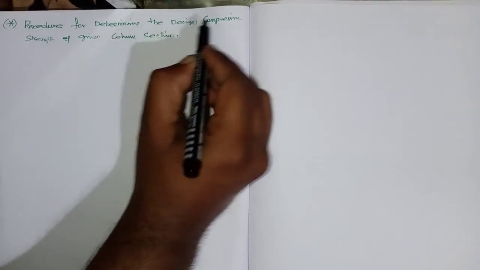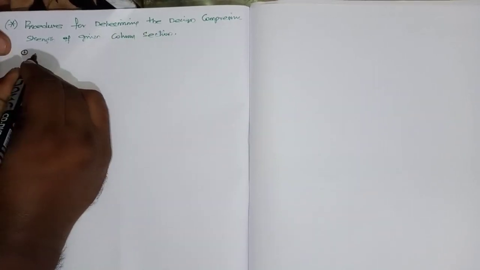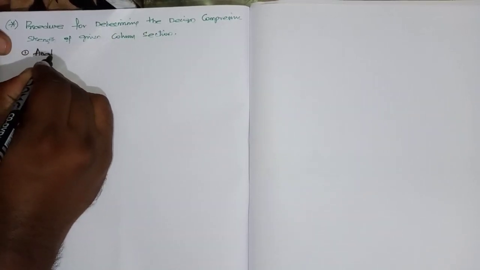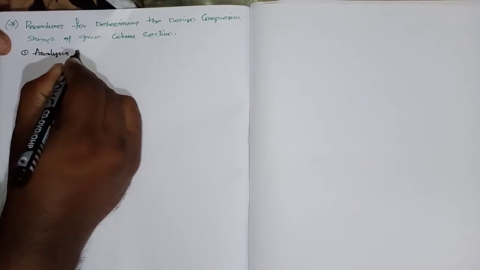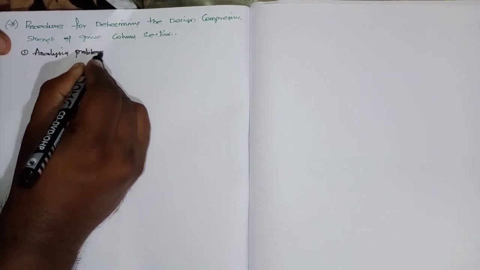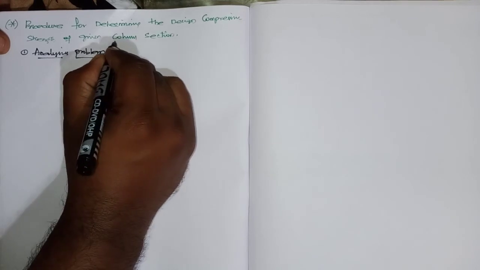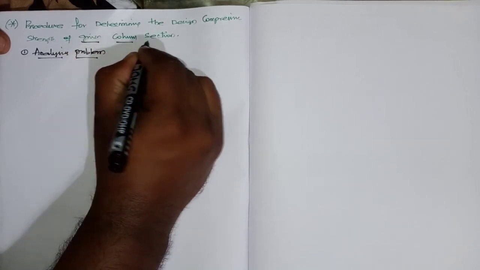What is this problem? First of all, determine the design means you have to clearly know that it's an analysis problem. How could I say this is an analysis problem? Because they are mentioning a given column section clearly, for that reason I am saying given cross section.